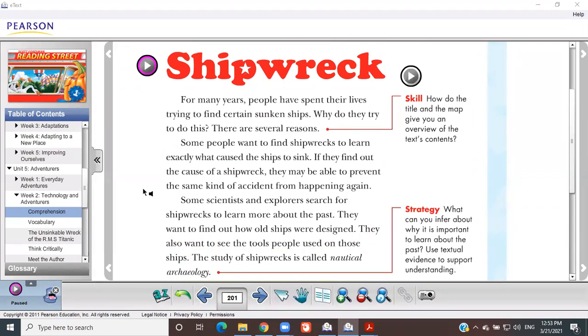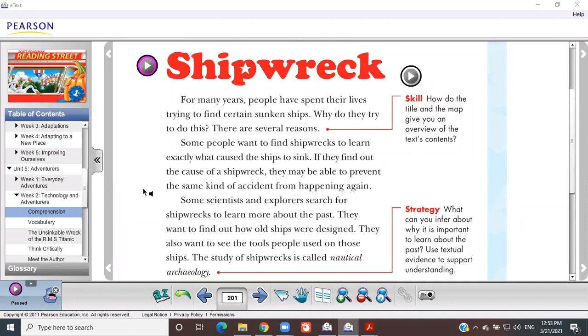There are several reasons. Some people want to find shipwrecks to learn exactly what caused the ships to sink. So the first thing is that they will see the cause why the ship sank and they will prevent it in the future, right? Right. And what is the second thing? No, that's not it.